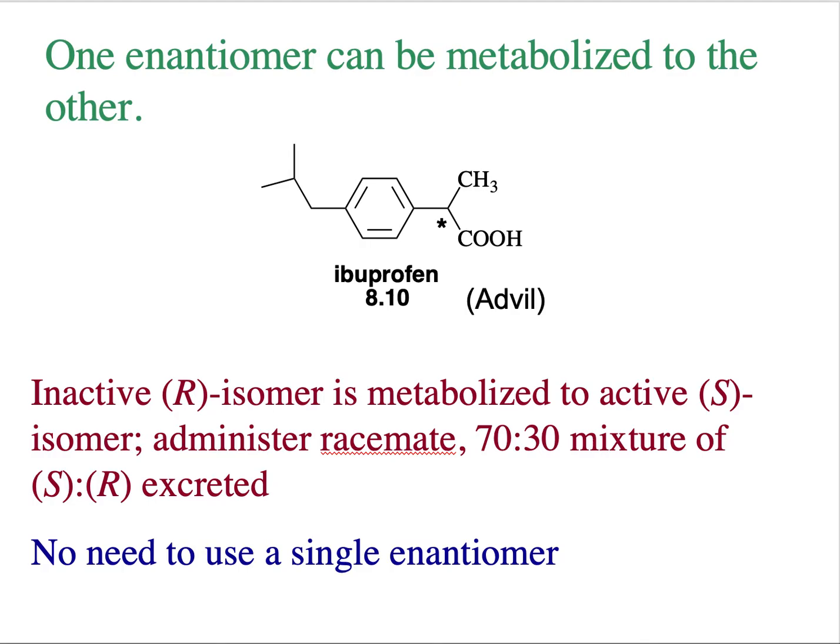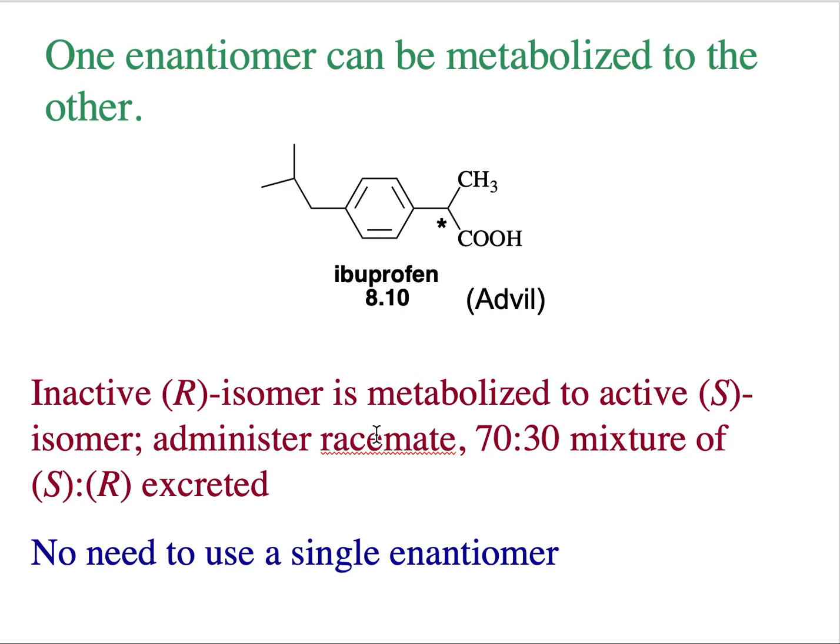So in the case of ibuprofen, the biologically inactive isomer is turned into the active isomer. So you don't need to use a single enantiomer, and that can save you some money. So you have to be careful about seeing what happens in the body.